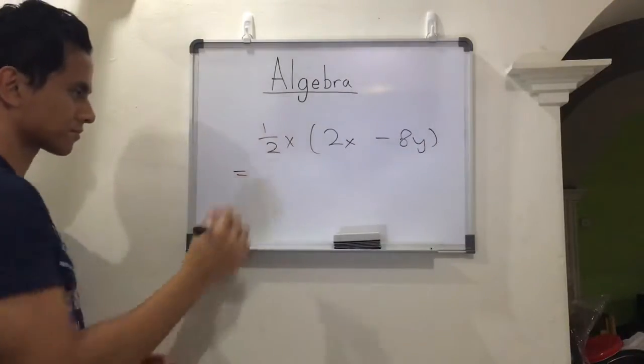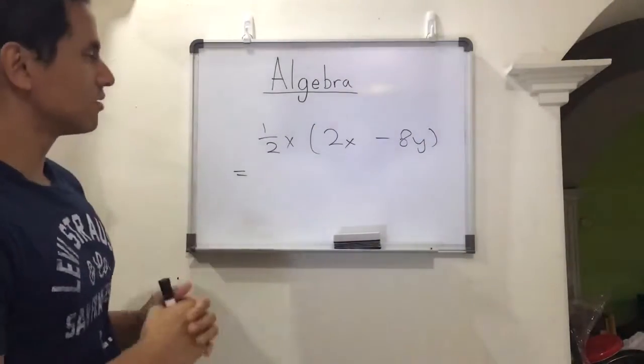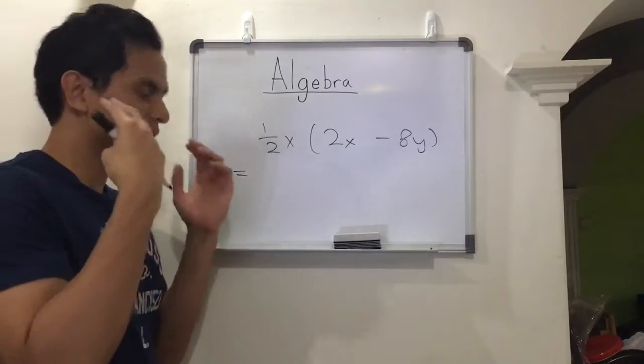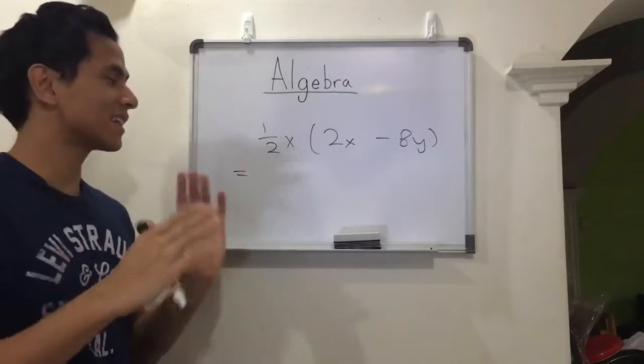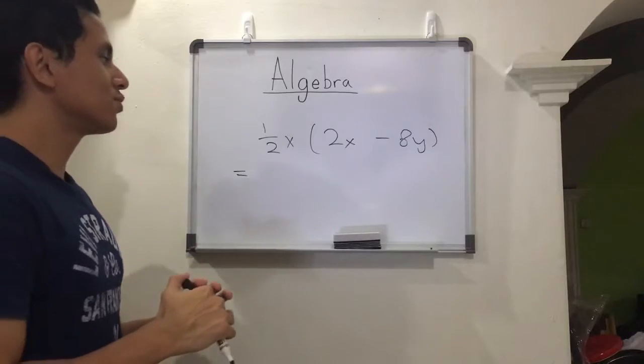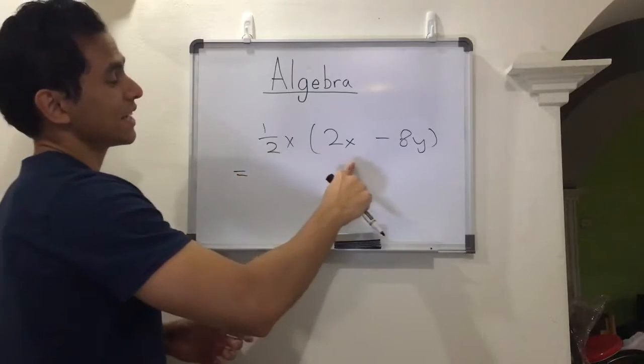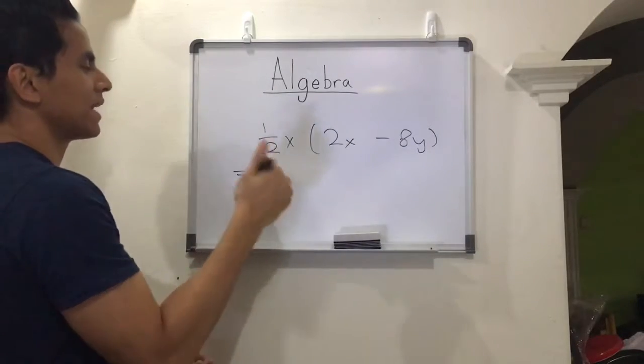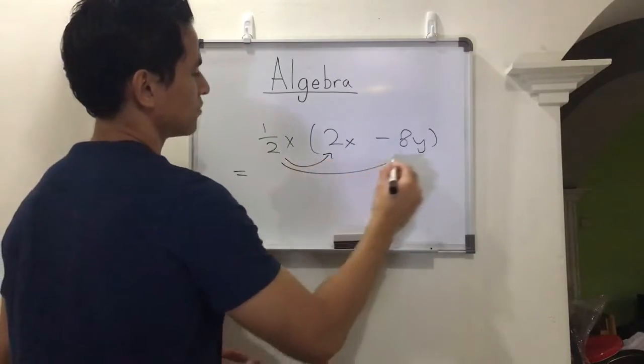Okay, so you see, this is a fraction now. We mustn't think that the laws have changed. The rules still apply, it's exactly the same. We just have to, again, look inside the brackets. Okay, it can't be simplified any further. Now, we just multiply this term with this term, this term with this term.